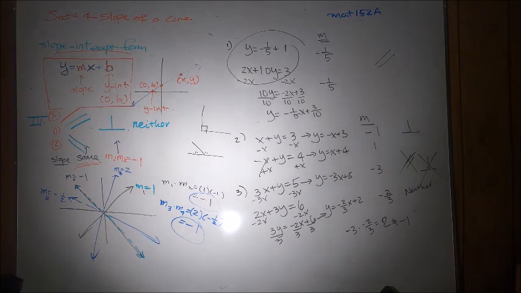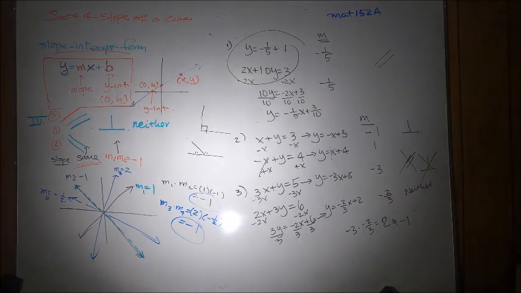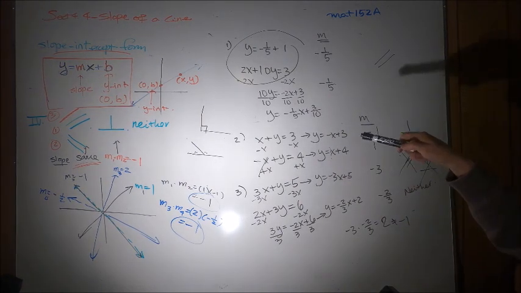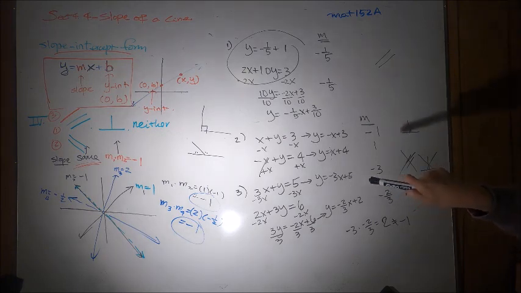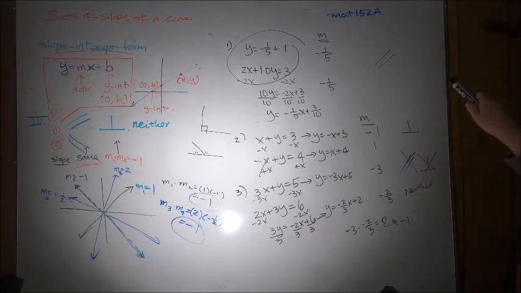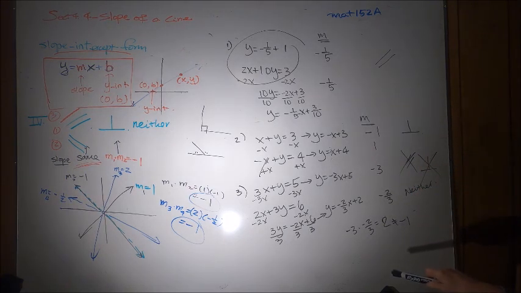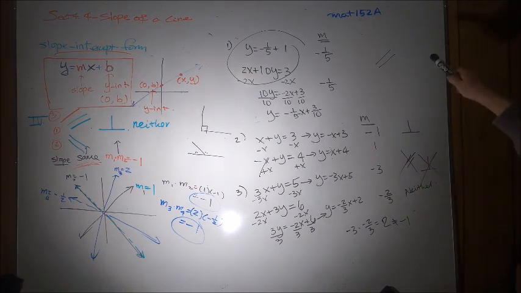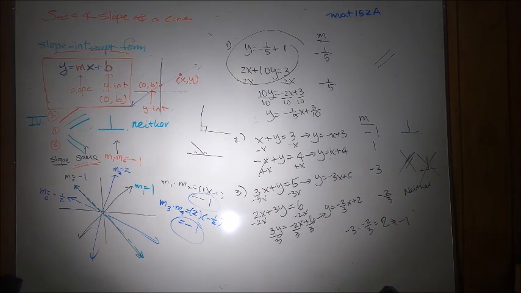So think about it, what are we learning in this section? The slope of a line, right? Is what? Rise over run. If flat, slope is 0. Going up, slope is positive. Going down, slope is negative. Vertical, slope is undefined, doesn't exist.